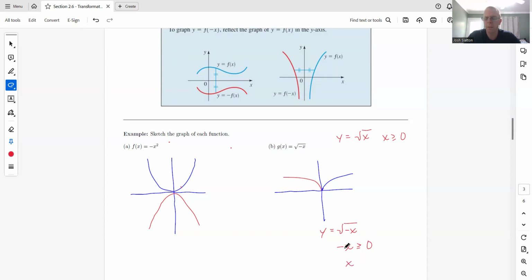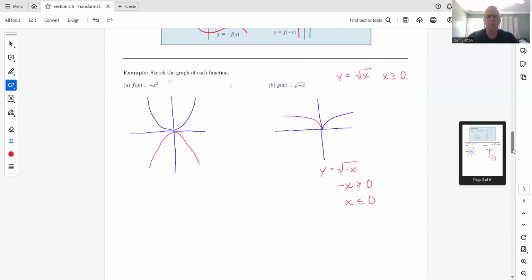Solve it for x, divide by the negative, and flip the inequality. So x has to be less than or equal to 0. If you started over here and reflected it, then you would be over here. So it is a true reflection around either the x or the y-axis, depending on which one we're looking at.